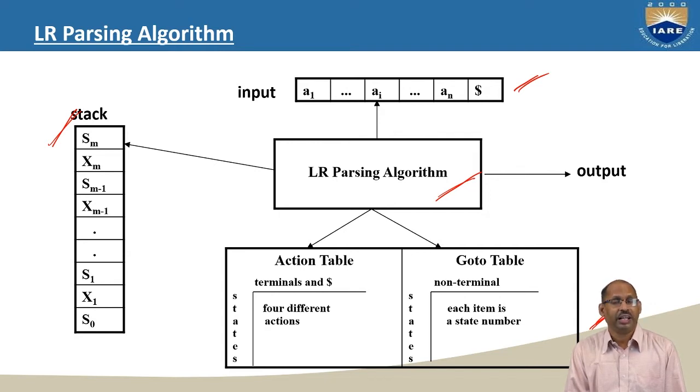In the action table, the columns are represented with terminals and the dollar sign. In the goto table, the columns are non-terminals. Each row is represented by the respective state.